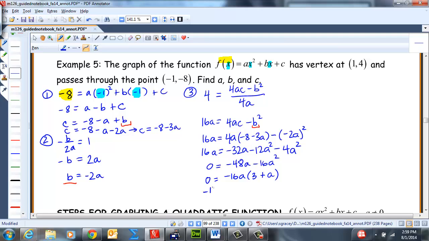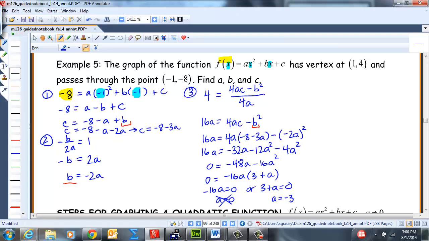So then you either get negative 16a is 0 or 3 plus a is 0. A would be 0 in this case, but we're going to throw that out because then we wouldn't have a quadratic. So we're going to keep this one, a is negative 3.